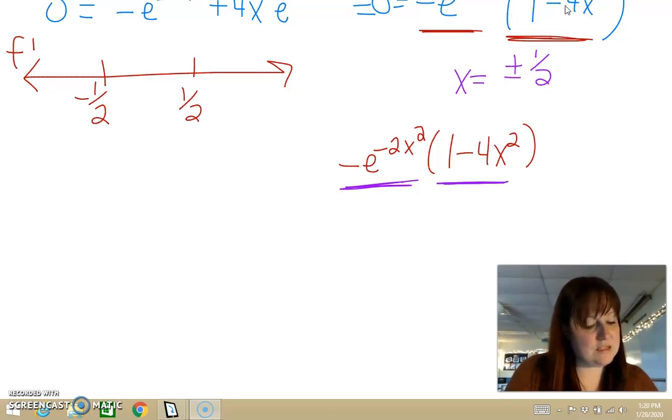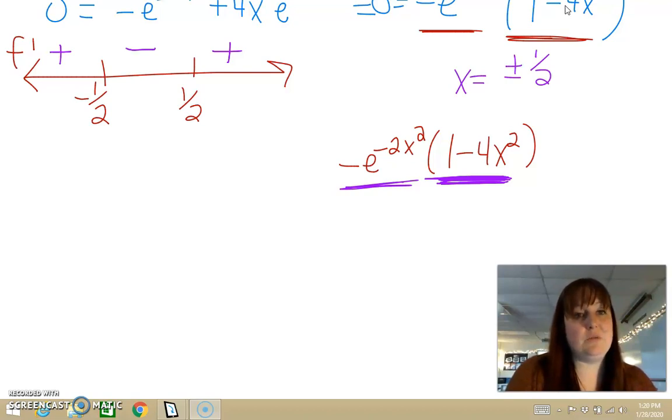When x is equal to negative 1, I get 1 minus 4, which is a negative number. So a negative times a negative is a positive. When I plug in 0, this part becomes positive, and so it's a positive times a negative, which is a negative. And then when I plug in 1, this is negative and the other one is still negative, which makes it a positive. So that means this is an x value for a max, and this is an x value for a min.